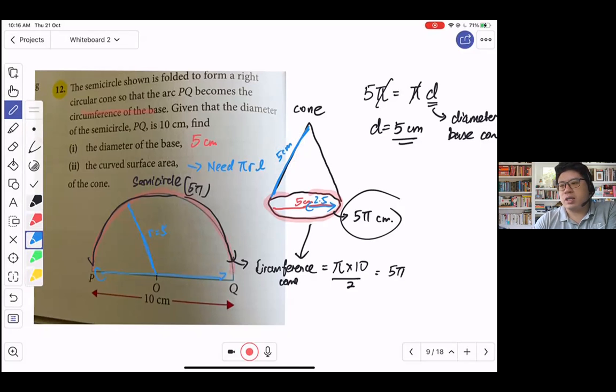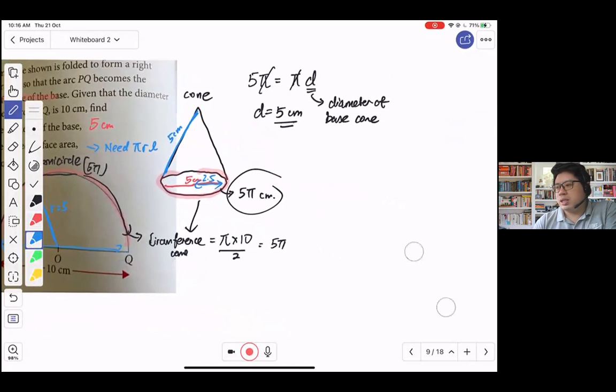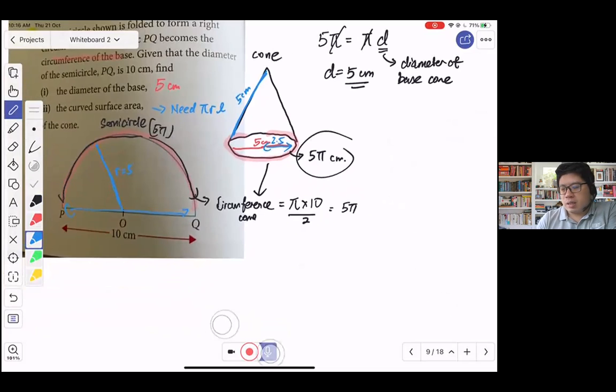Once again, I'll just write it down here to make it clear to you. The slant height, or basically the radius of the semicircle, is actually equal to the slant height of the cone.